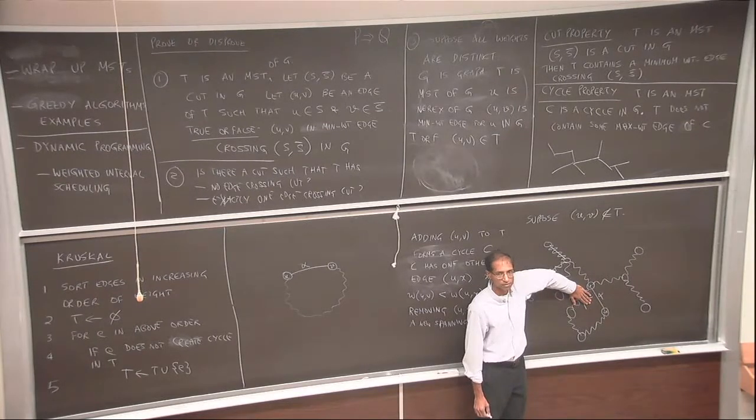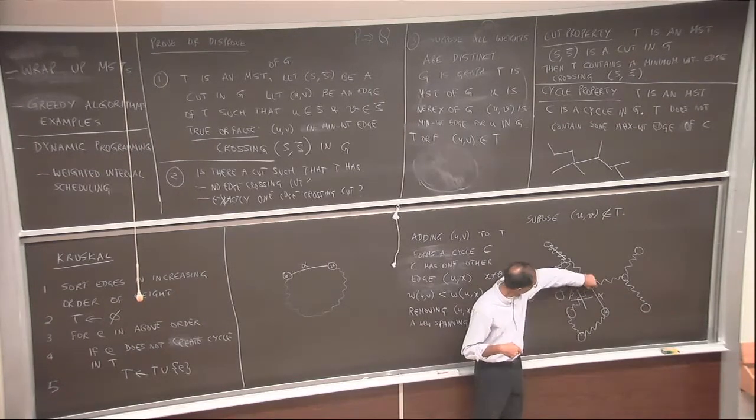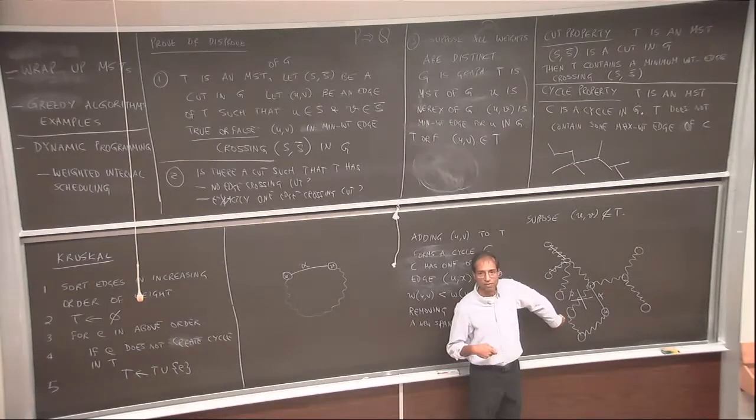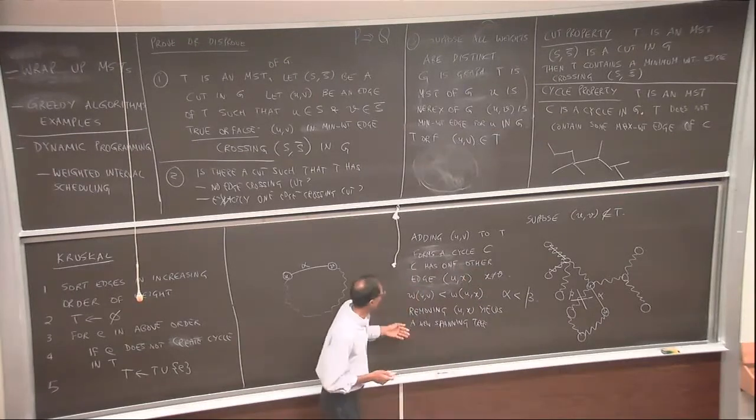Since there's a cycle, there's always another path. Anything before that did not use this edge is still there. All the paths that did not use this edge are still there. Any path that used this edge before can now use this path instead. So that's the way to prove it. We don't have to prove it. We will often just say this.